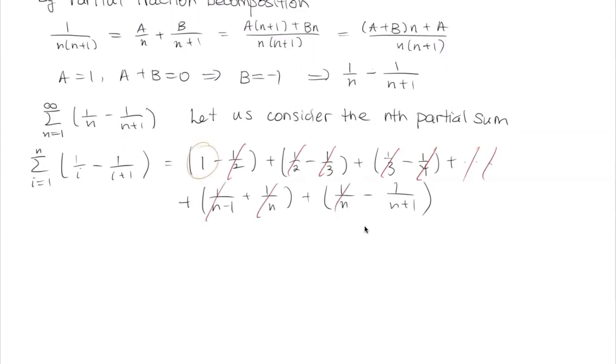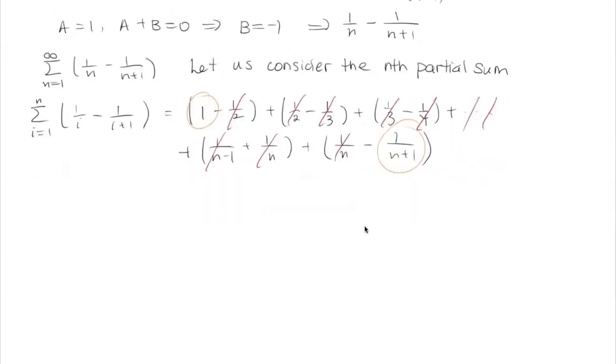So we only have this 1, and we also have this 1 divided by n plus 1, including the negative sign. That means the sum of 1 divided by i times i plus 1 is equal to 1 minus 1 divided by n plus 1.